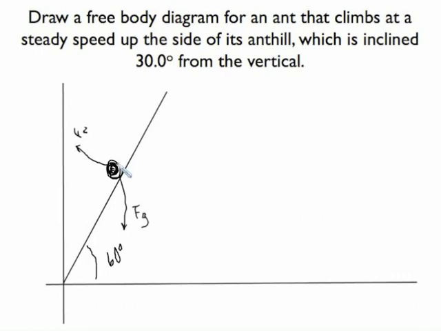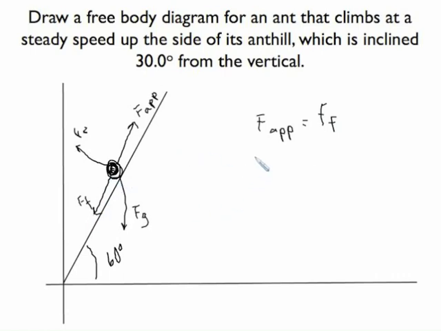And now he's going at a steady speed, which means that his applied force and his frictional force are equal. So I can go ahead and write F applied equals F friction.